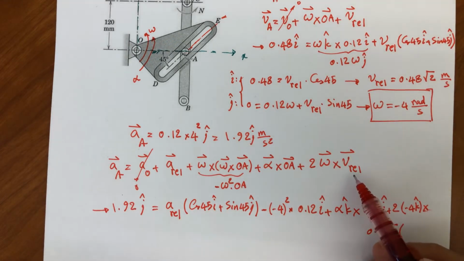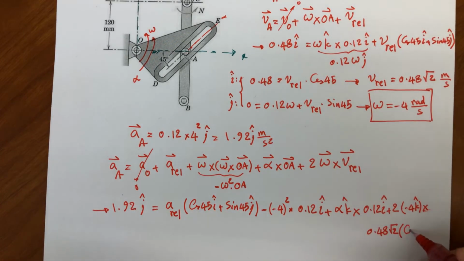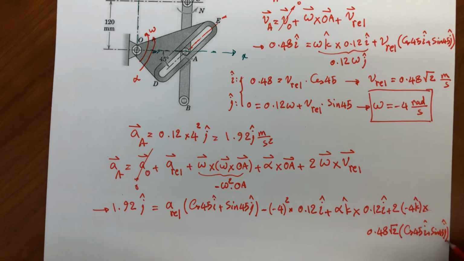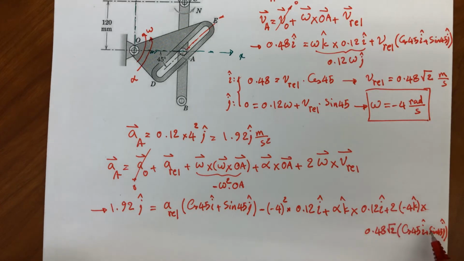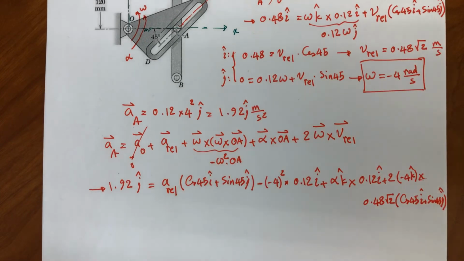We need to write it in vector form, and the direction is cosine of 45 i hat plus sine of 45 j hat. So we need to do this cross product here and also this cross product. I cross k is negative j, and same thing here, we have k cross i and also k cross j. You can do those cross products, then separate i and j terms, then find the unknowns.